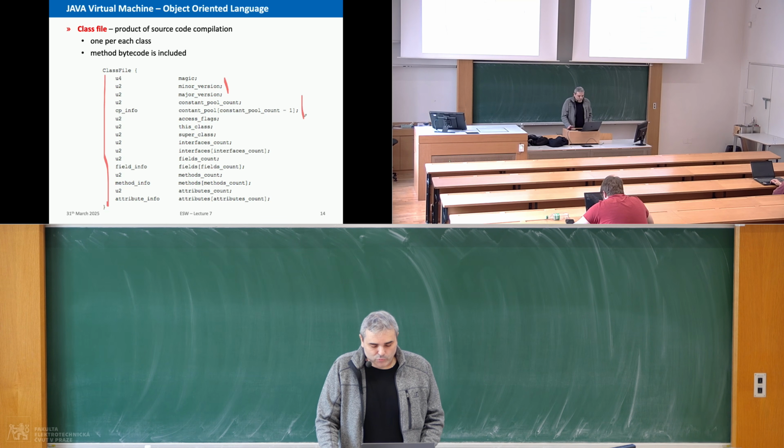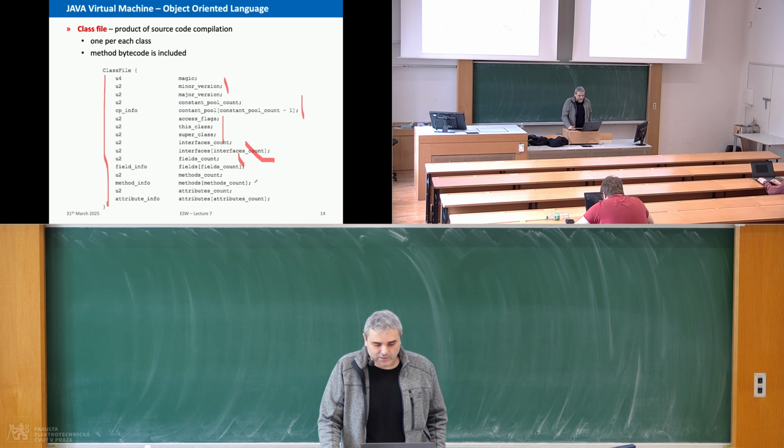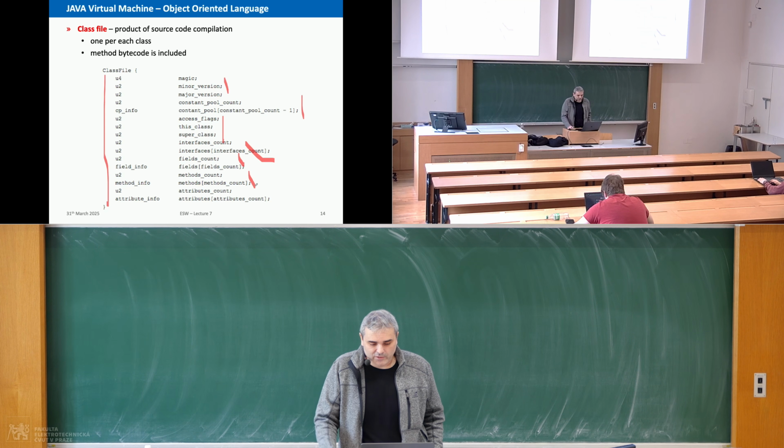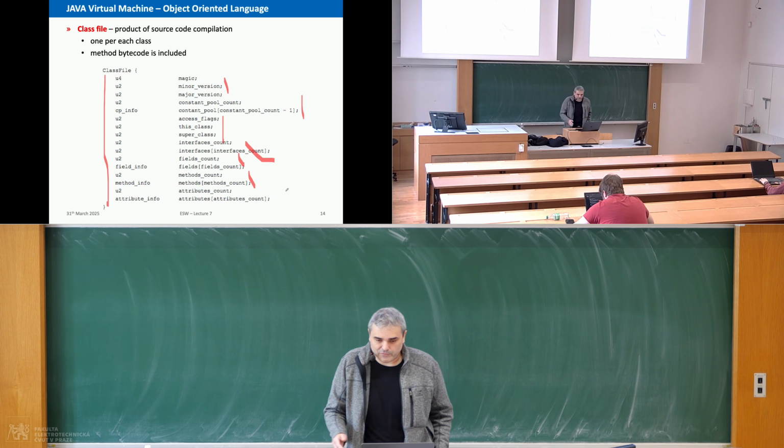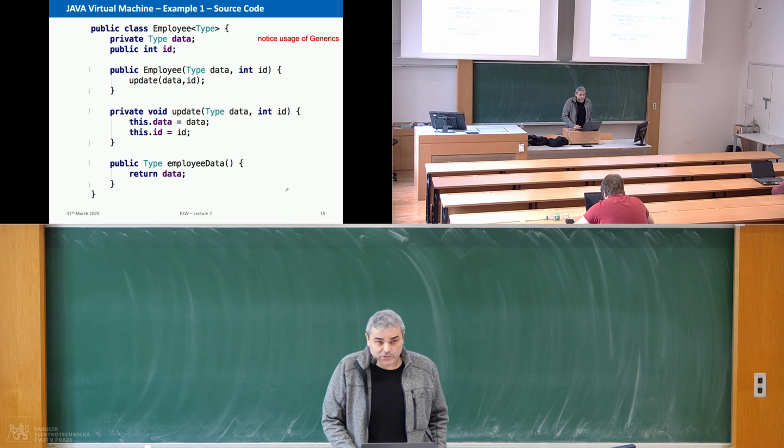Then there is a constant pool. We will look at the details: the definition of the class itself, implemented interfaces, fields which are defined in that class, methods which are defined, including the bytecode itself, and attributes which could be something like annotations and other stuff there. So let's look at the first example in this lecture.